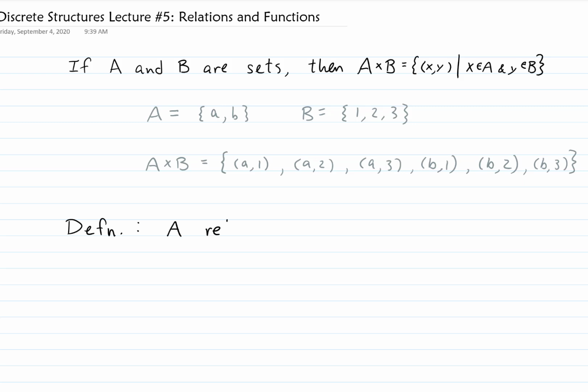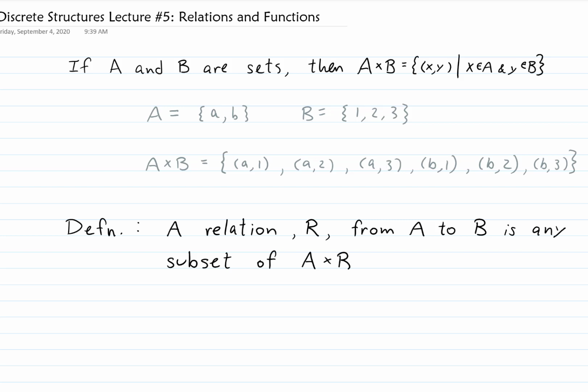A relation, which we will abbreviate with the letter R, capital R, from A to B is any subset of A cross B. Okay?